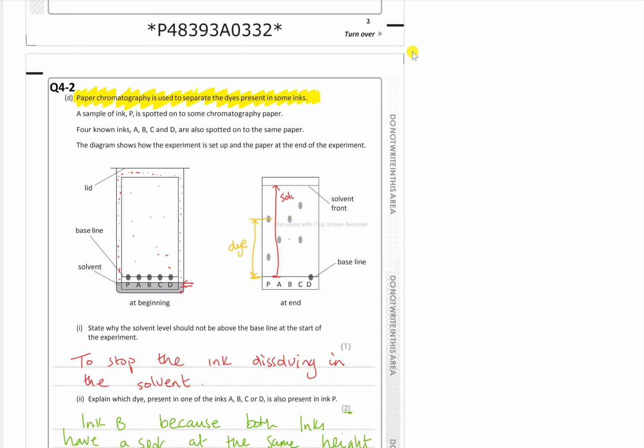That's the distance the solvent has moved. Really it should be that, but that's the baseline that they work off, so don't mix the two.